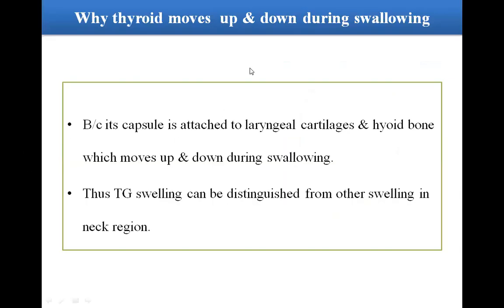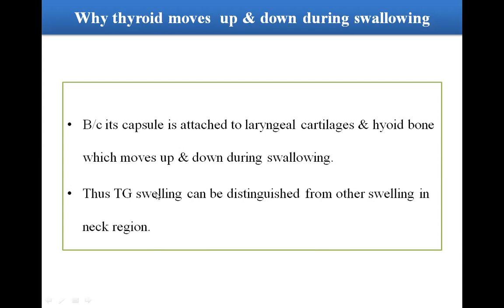Why does the thyroid move up and down during swallowing? Because its capsule is attached to the laryngeal cartilages and hyoid bone, which move up and down during swallowing. Thus, thyroid swelling can be distinguished from other swellings in the neck region.